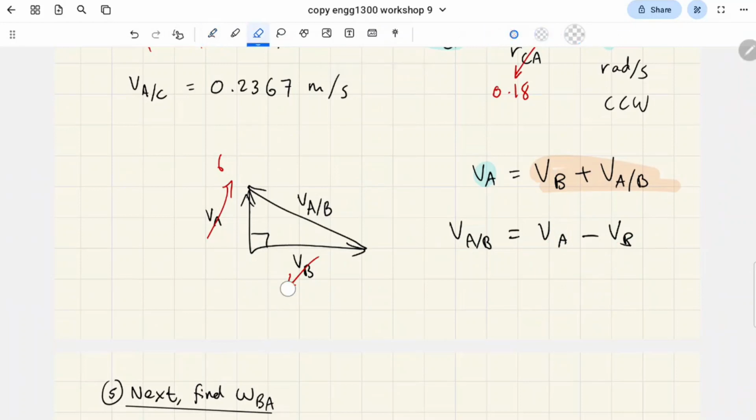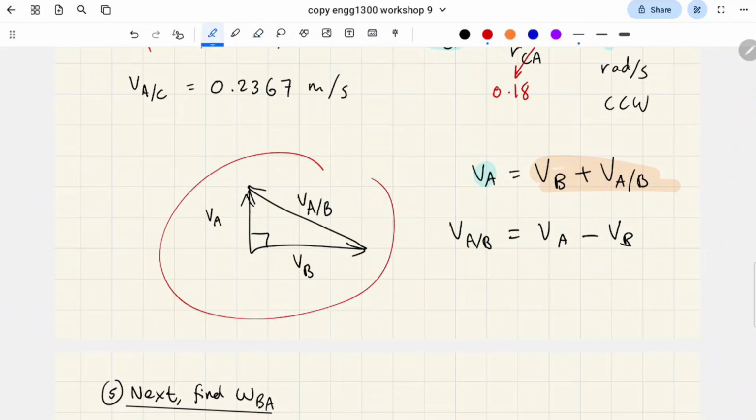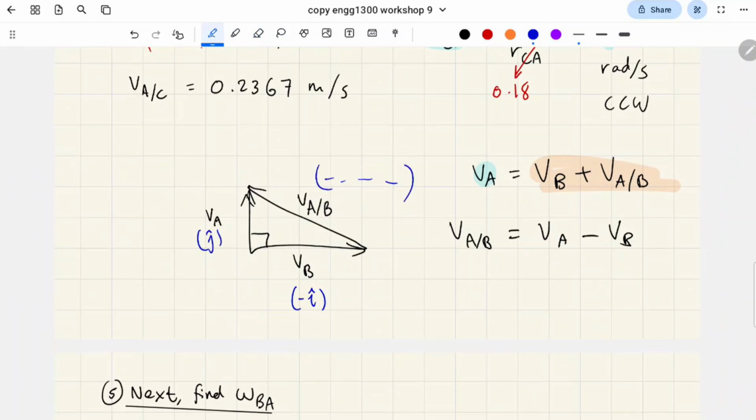One way to do it is draw it out and find the magnitudes based on geometry. The other way is to do it in terms of unit vectors, so that's like negative i something, j or whatever. Then you can use Pythagoras on those unit vectors to find the magnitude.